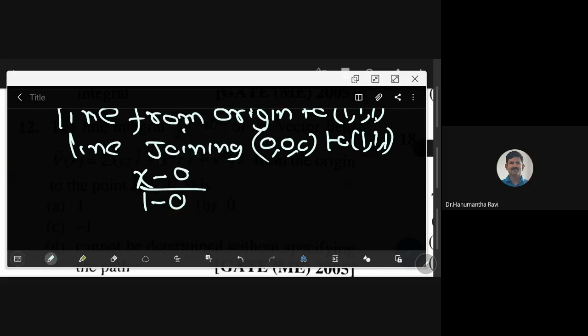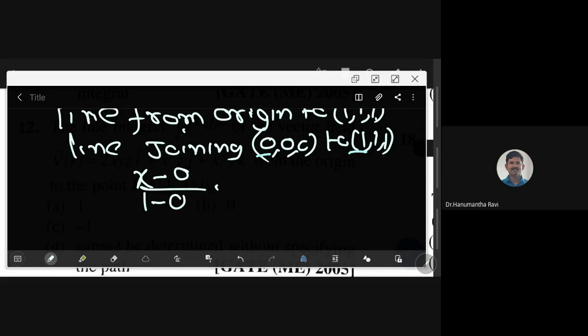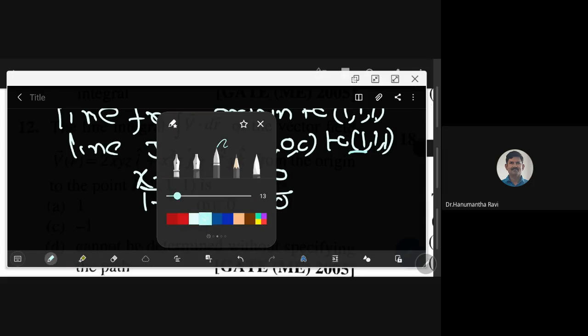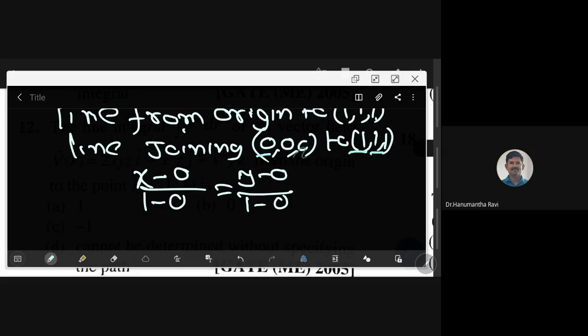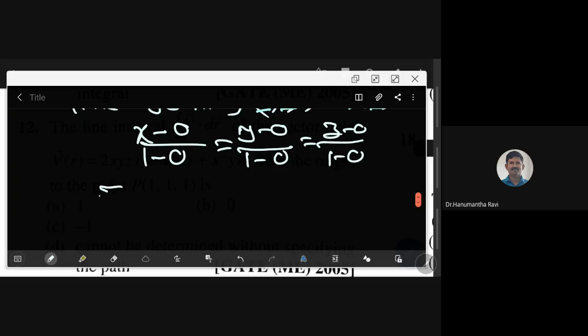It is y minus 0 by 1 minus 0, since we are fixing the origin, is equal to z minus 0 by 1 minus 0. So this implies x is equal to y is equal to z.